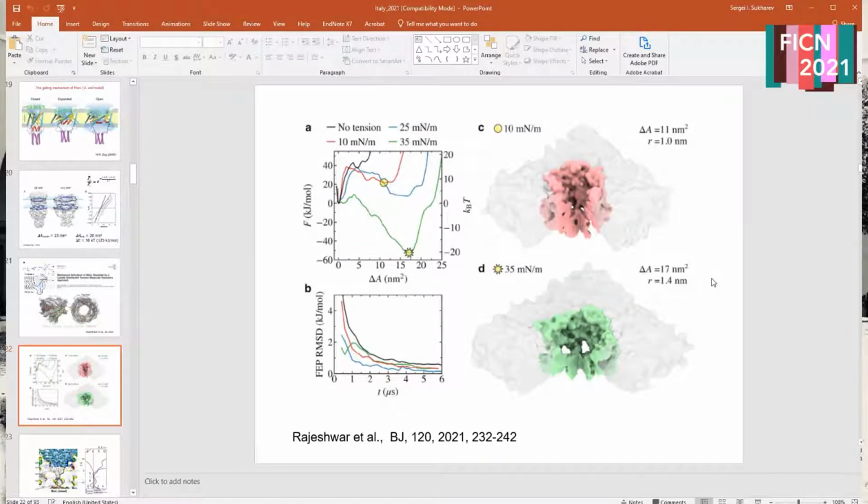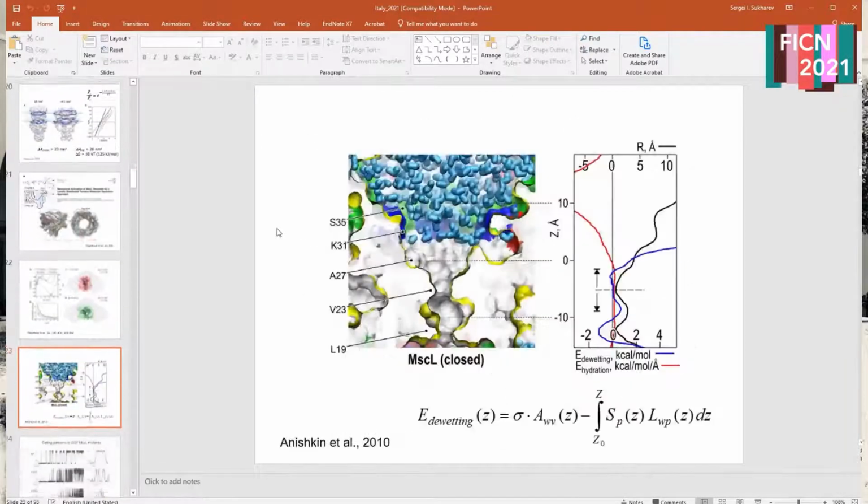Rajita and Juan meticulously calculated the free energy profile of the opening transition at different tensions, and the delta area, the minimum, was calculated as approximately 17 square nanometers, which corresponds well to what we know about the conductance of the channel and what the stabilized or well simulated models tell us. I would like to mention that this is TB mescal. It opens a slightly smaller pore, so the expansion is probably smaller too.